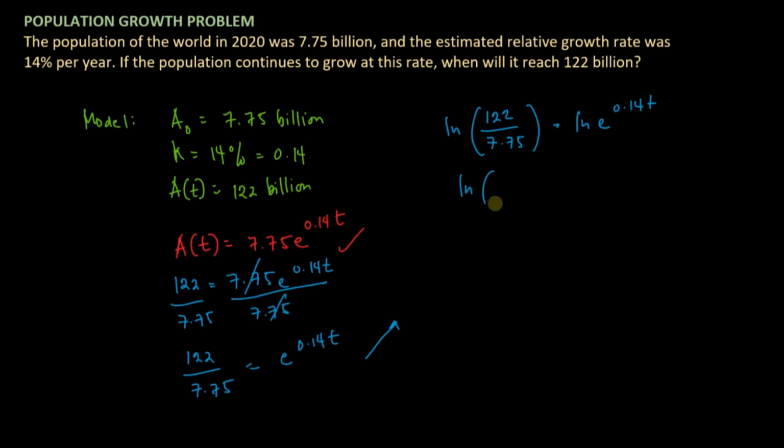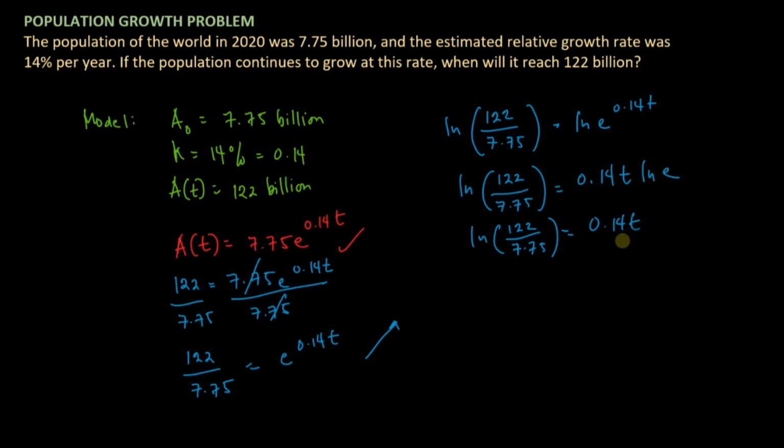So copy this. Then we bring down the exponent: 0.14 times the time times ln e. So we have ln of 122 divided by 7.75 equals 0.14 t, because ln e is equal to 1.